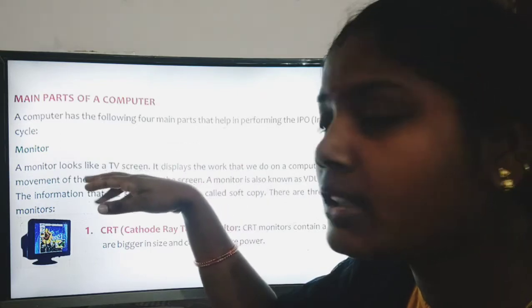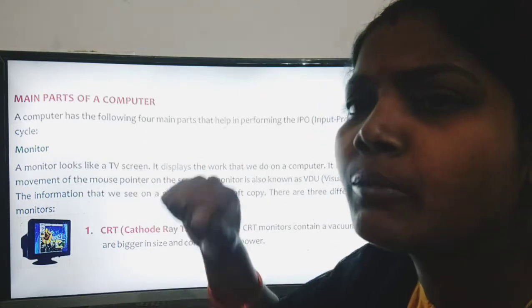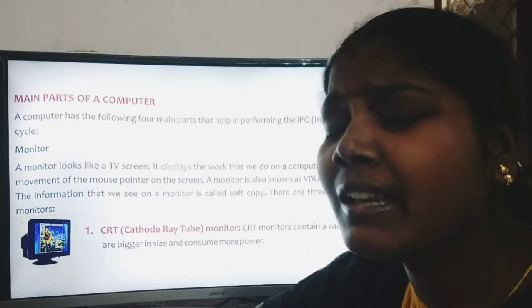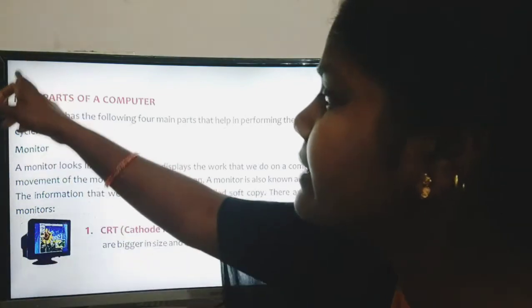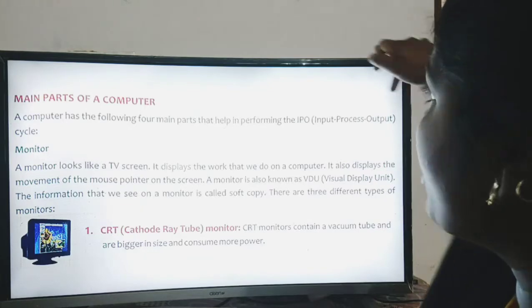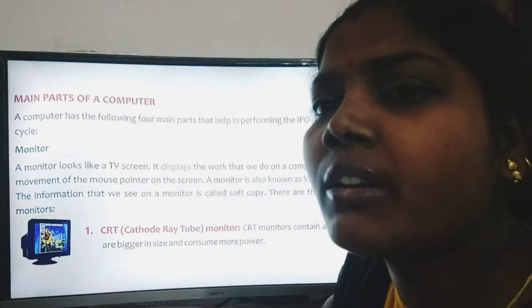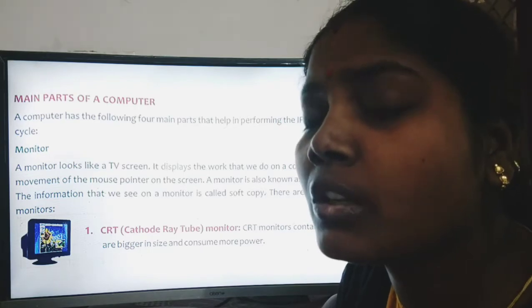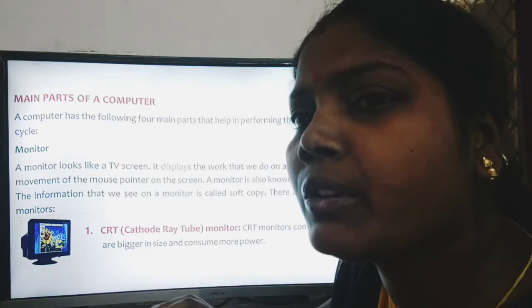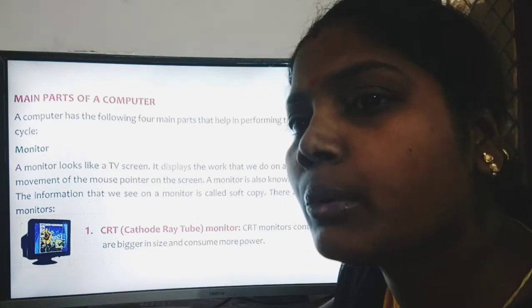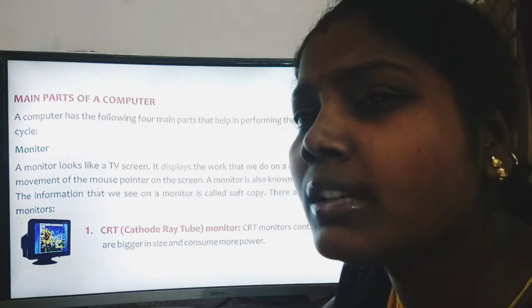We are going to learn about the monitor. So what is a monitor? A monitor is a screen. Whatever we do in a computer, if you press any key on the keyboard, it is visible on the screen.